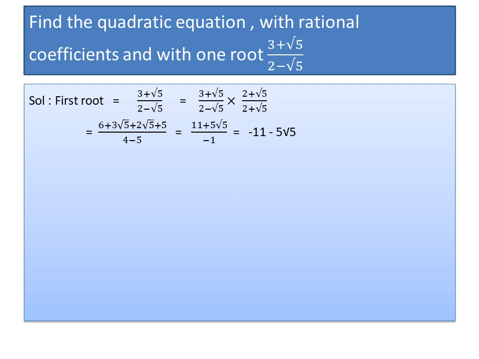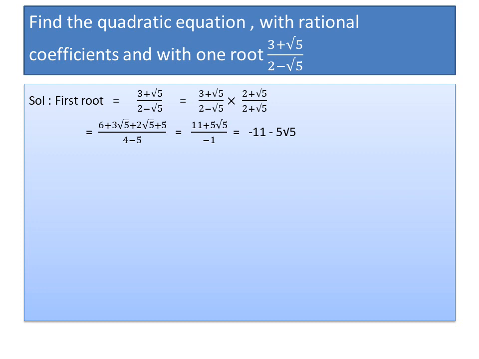Now this comes out to be (6 + 3√5 + 2√5 + 5)/(4 − 5) when we take the product, which is (11 + 5√5)/(−1), and this comes out to be −11 − 5√5. So I have just removed the square root part from the denominator.